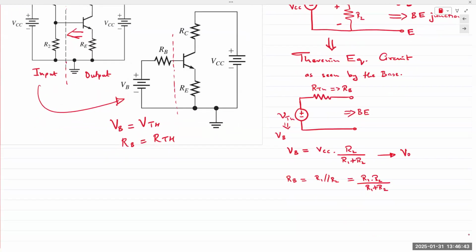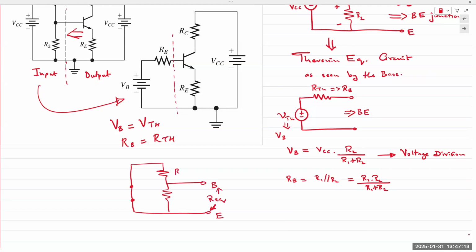VTH can be found by applying the voltage division principle. And RB can be found by replacing VCC with a short circuit and measuring REQ between the base emitter junction.